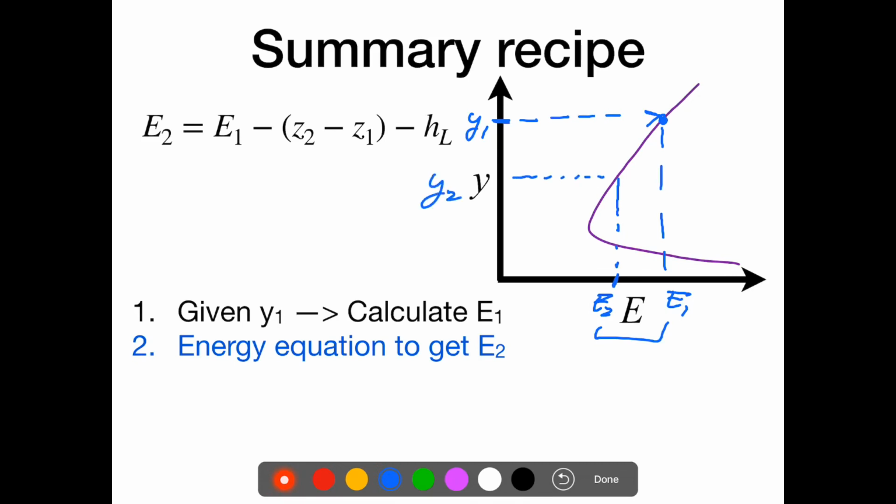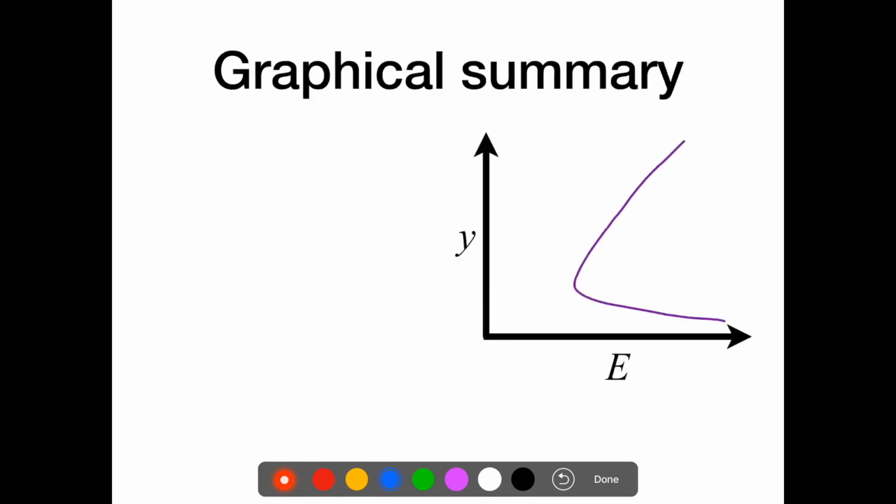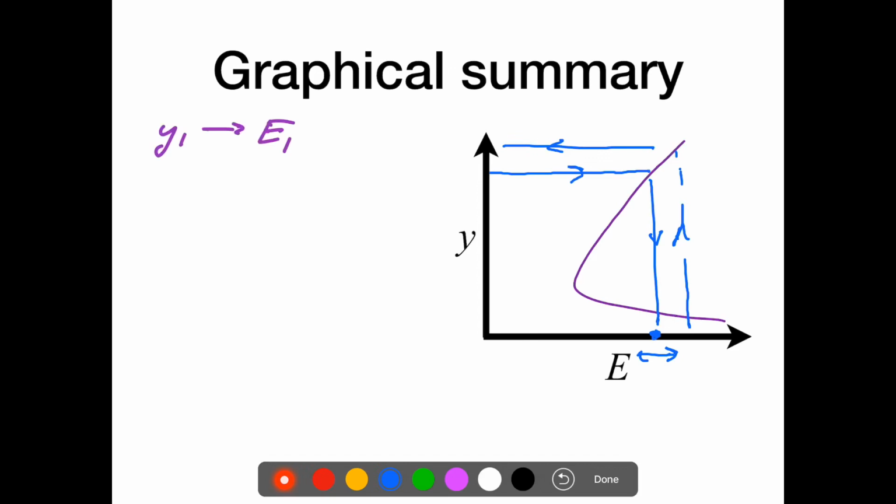And then we're going to get to Y2 for our solution. Okay. So graphically, again, just to reiterate that, sort of the direction that we move goes like this. We go like this. Here, we move one way or the other, and then we pop back up and grab our new depth. Okay, so think about this sort of flow as you're using this diagram.